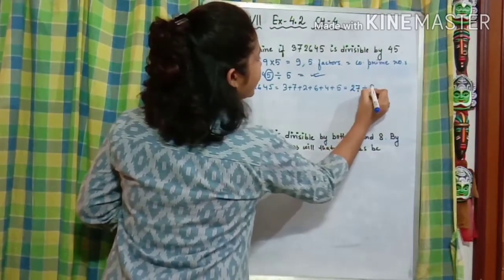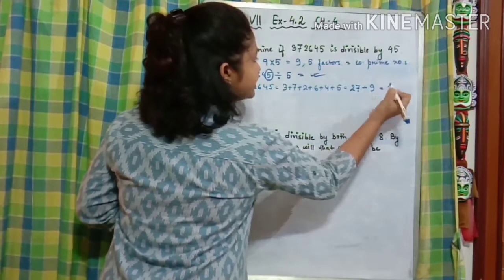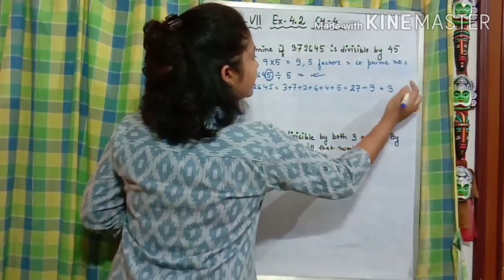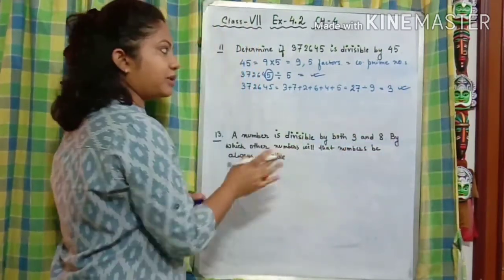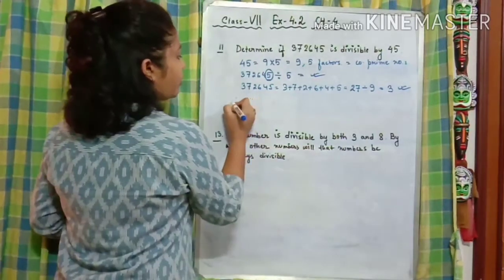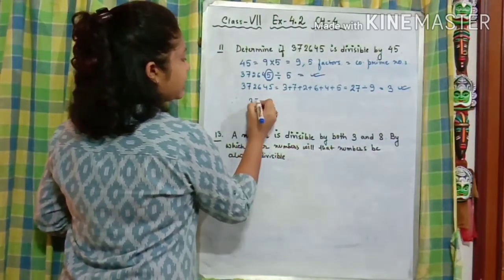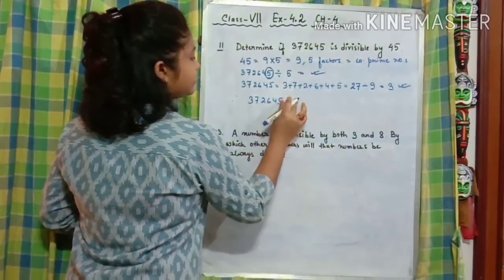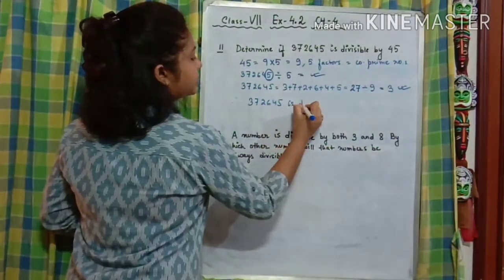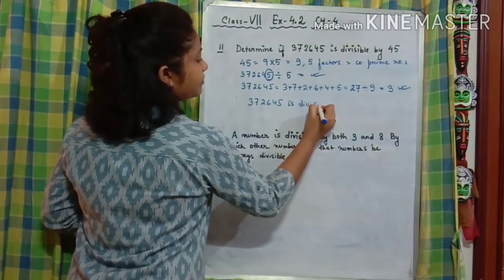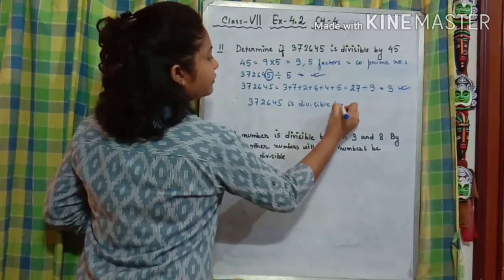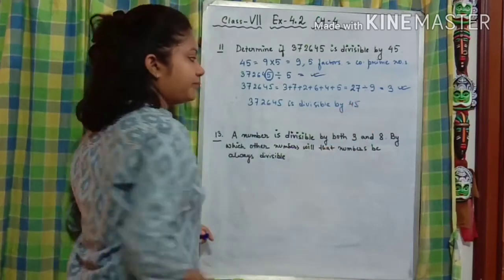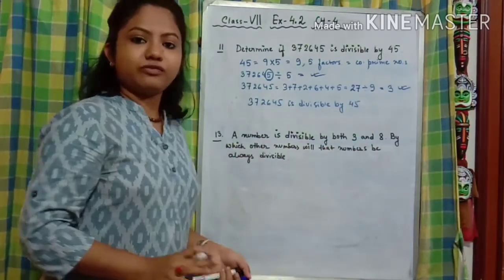Dividing by 9, 9 3s are 27, so yes, it is divisible by 9 also. Therefore this number is divisible by 45 itself.